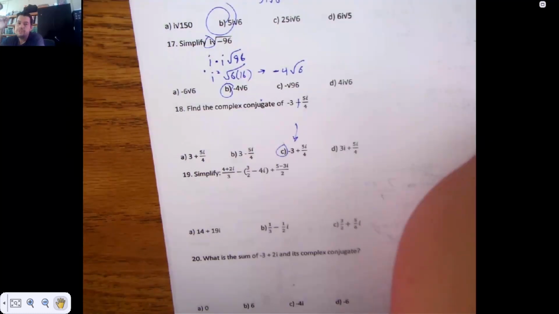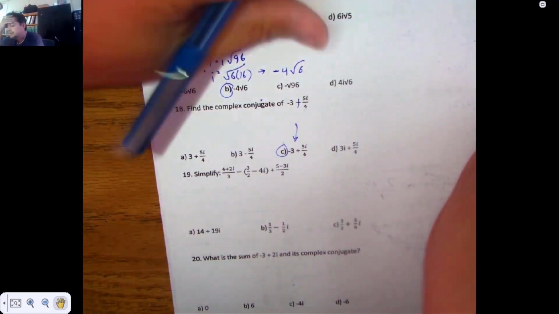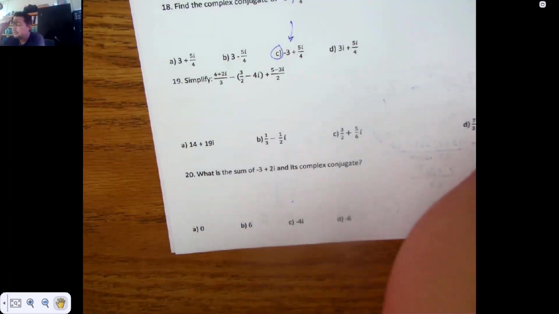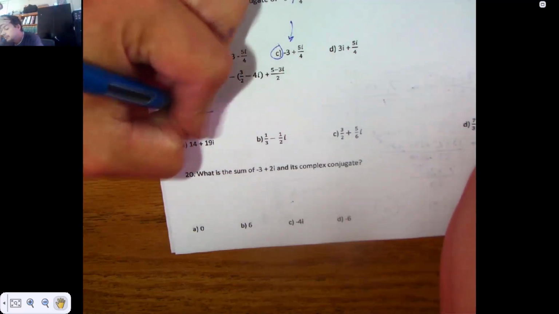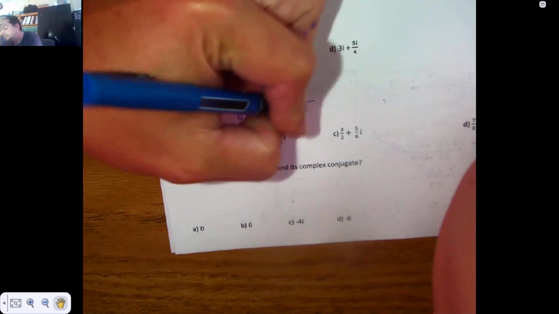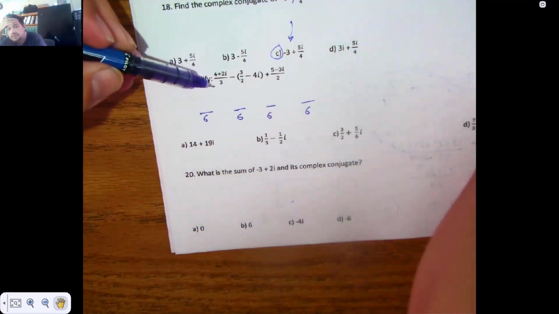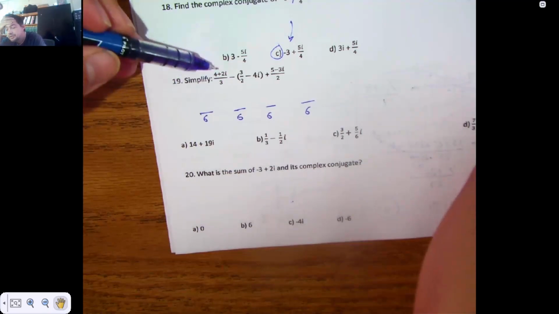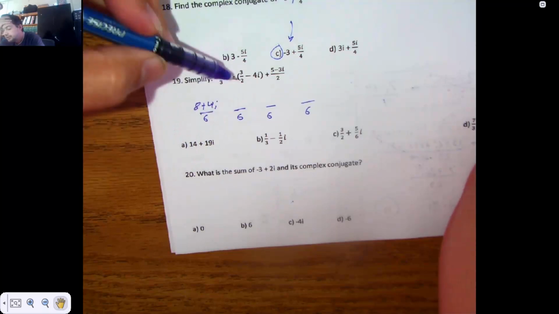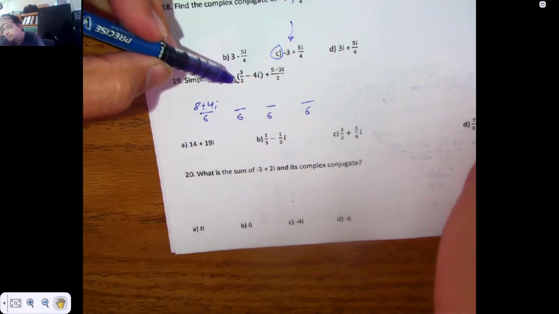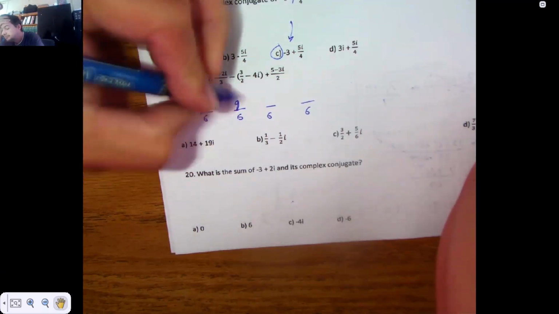Complex conjugate changes the sign of the imaginary piece. This one was pretty ugly, I'm not gonna lie. The goal is to have a common denominator of 6. To turn this into a 6, I doubled the bottom, so I doubled the top. To turn this into a 6, I tripled the bottom, so I tripled the top.